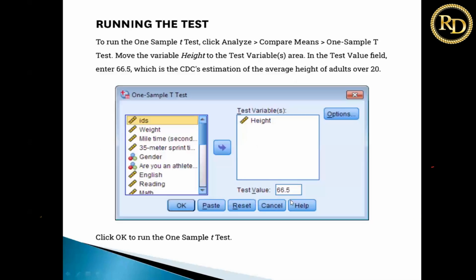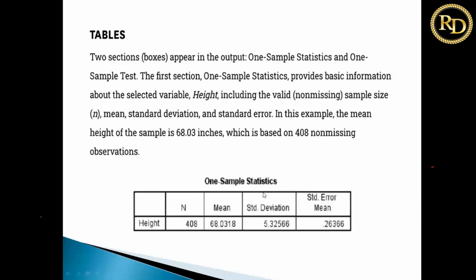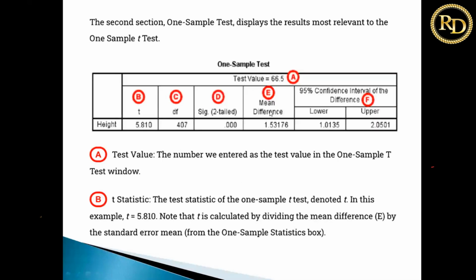We have set it as 66.5. So we get the difference and divide by the standard deviation upon square root of n, where the number of cases is 408. This way we calculate the T value, and it comes out to be 5.81.